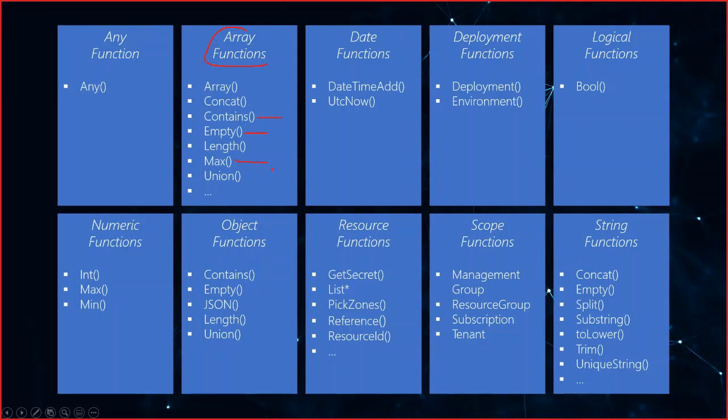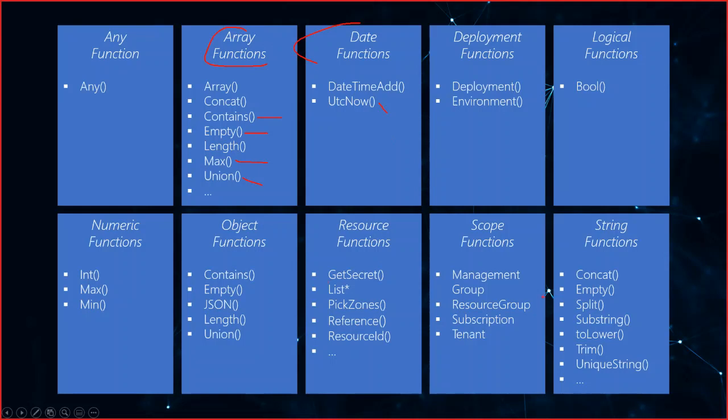What's the max value that lives in an array? Or, for instance, the union function that allows me to union two arrays, so to actually glue them together. Or date functions. If I need the current time in UTC, for instance, I could use this function.